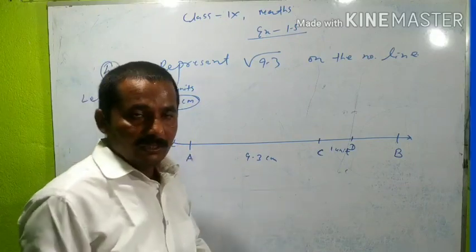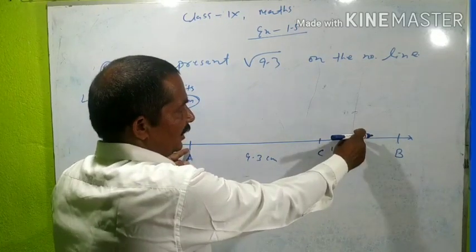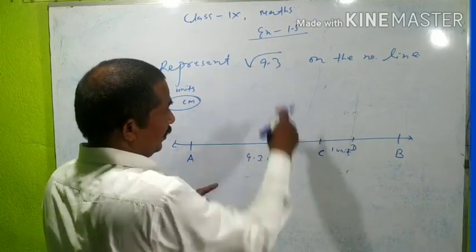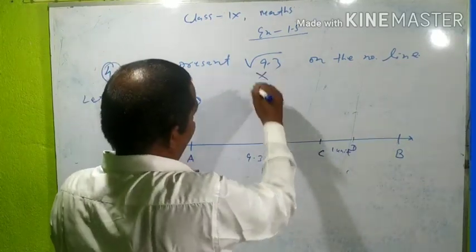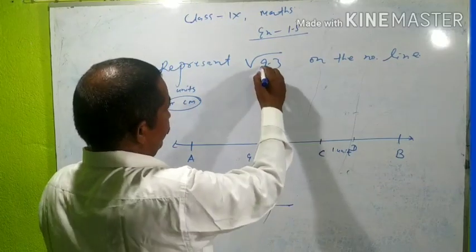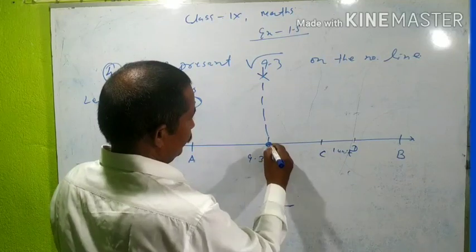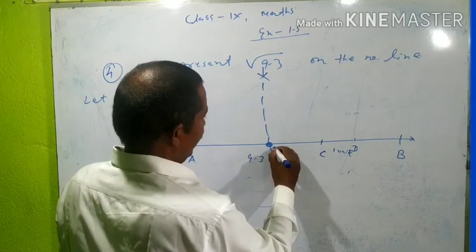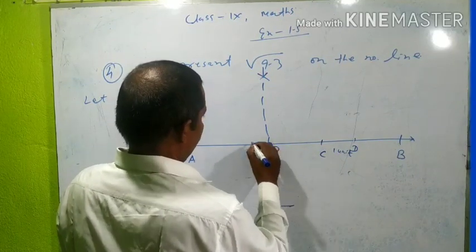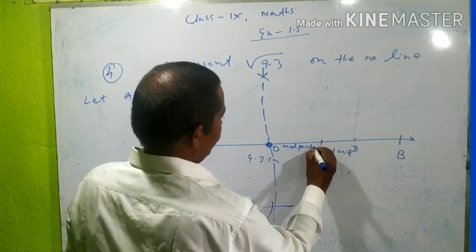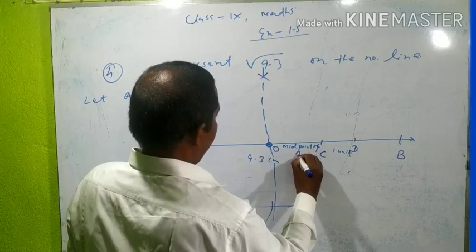Now you will get the midpoint of AD. Like one arc up, one arc down from here and here. This is the midpoint. Suppose it is O now. This is the midpoint of AD.